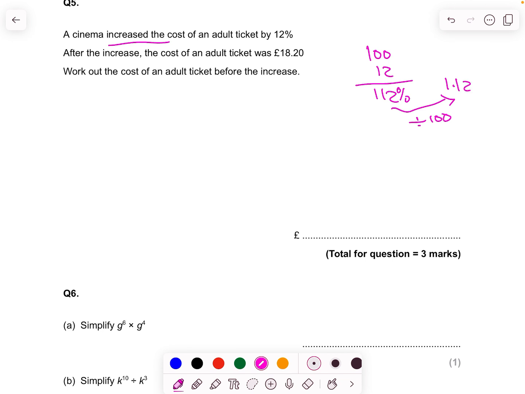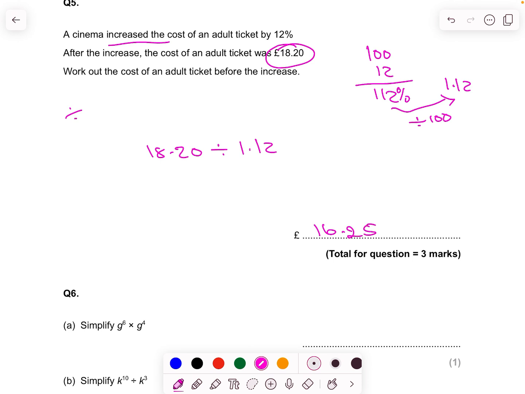And because it's a reverse, we are going to divide. So this is the price of the adult ticket after the increase. So we want to work backwards to find the original cost. So we're going to do £18.20 divided by 1.12. And that's going to give us £16.25.